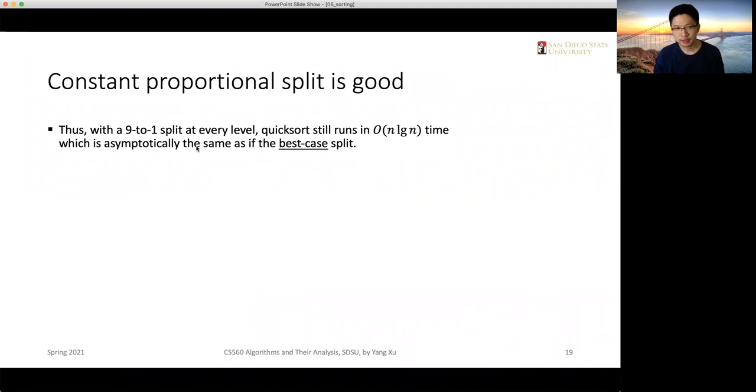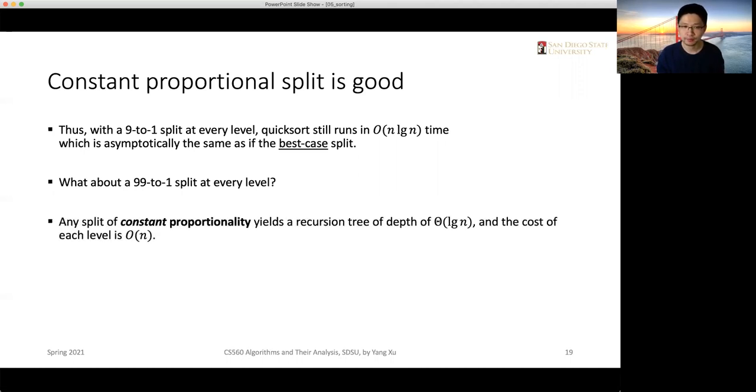With the 9-to-1 splits, we can have n times logarithm of n as the total running time. And even if we use much more extreme proportional splits, such as 99 to 1, we will actually have the same result, because we do the same analysis. We just change the number from 9 over 10 to 99 over 100.